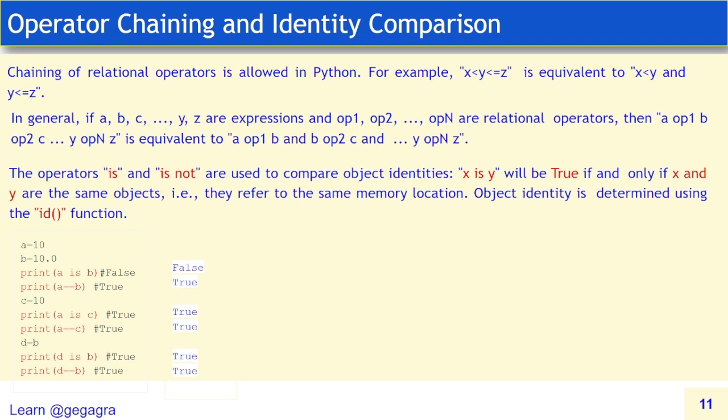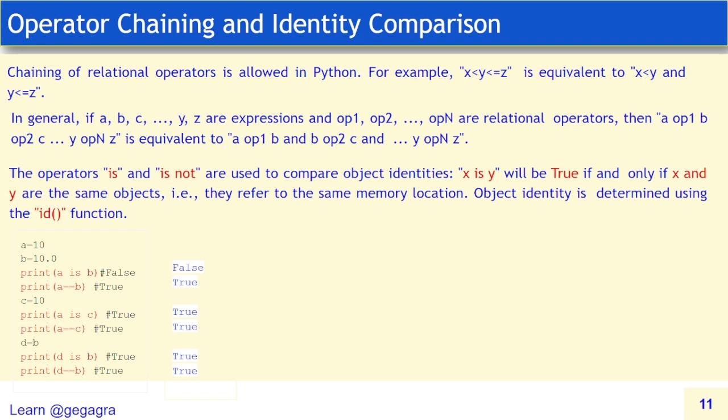D is equal to b. So what is d? Because whatever value b holds, it moves to d. Means d and b are pointing to the same memory location 10.0. So d and b are pointing to the same memory location where 10.0 is stored, and that is why d is b is correct, and it returns true.